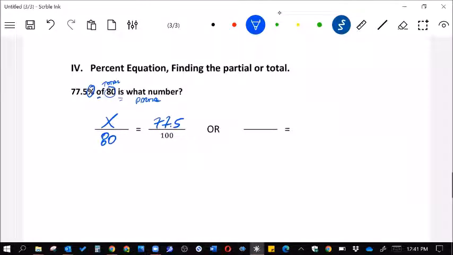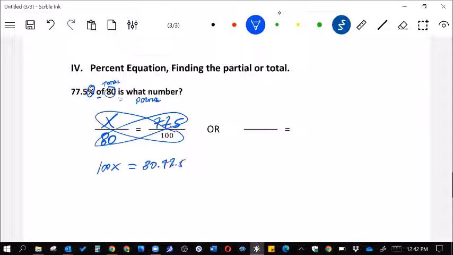So in this case here, we are going to cross multiply. 100x equals 80 times 77.5.